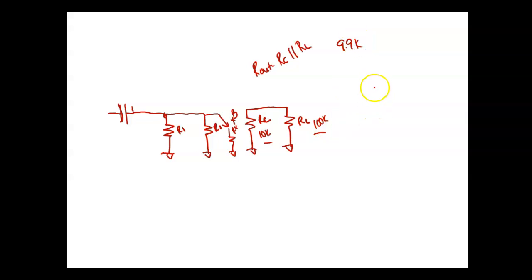So my gain would be 9.9K divided by 1K, which should give us a gain of 9.9. So one volt peak to peak in means I should get 9.9 volts peak to peak out, and that's not what I'm getting.